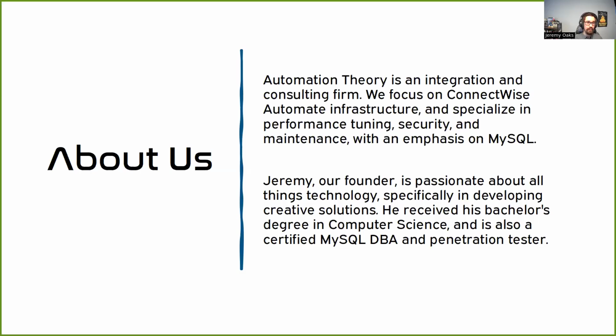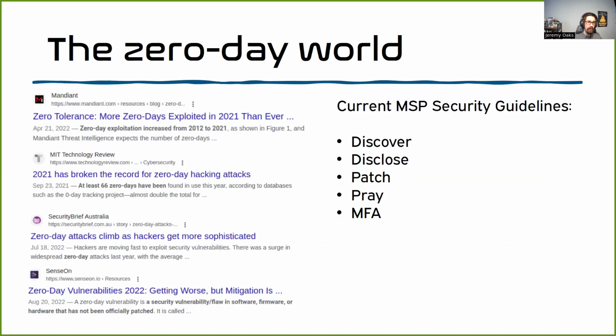With that out of the way, let's start talking about defending ScreenConnect and the crazy world that we do it in. We gave a talk last year at MSP GeekCon about defending MSP tools in what we call the zero-day world.